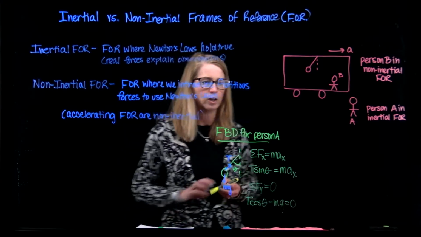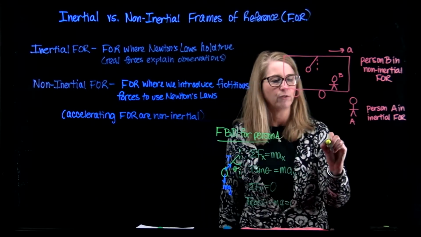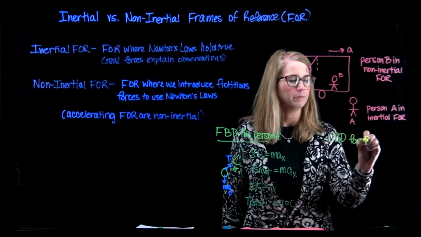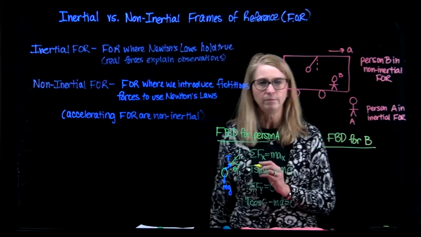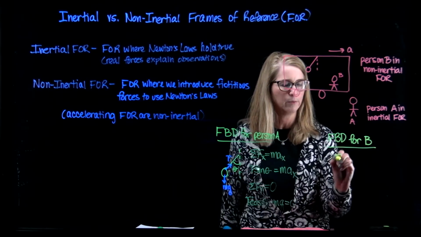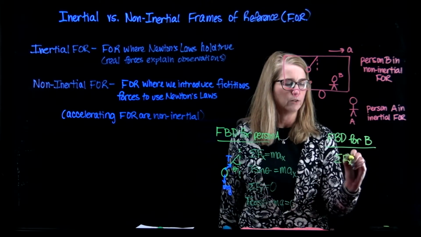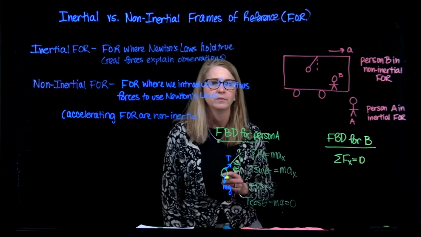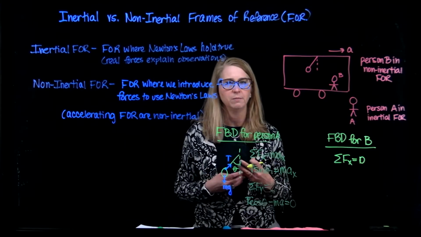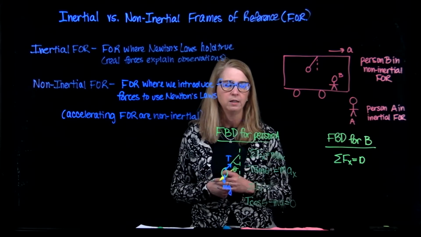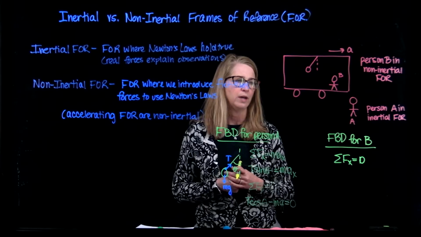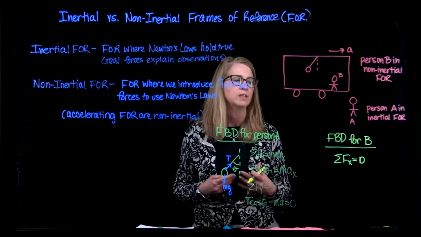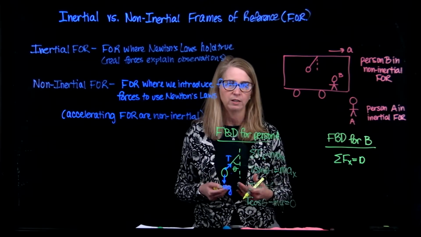So let's look at the free body diagram for person B. Now things are going to look a little bit different, and what I want to stress is that what we're going to see might seem weird, but we have to think about the fact that the second person doesn't know he's accelerating.